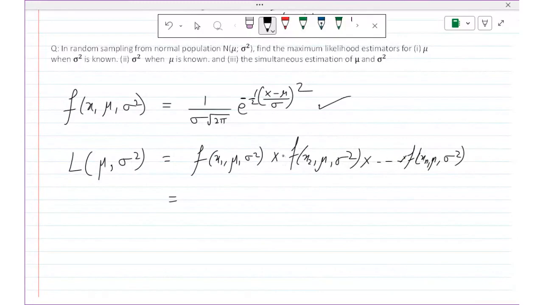A student has a query: do we need to remember the density functions of different distributions, like the exponential distribution? If you want to solve this question, there is no other option.